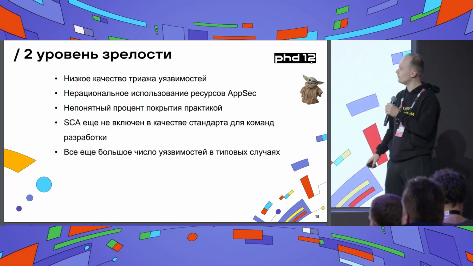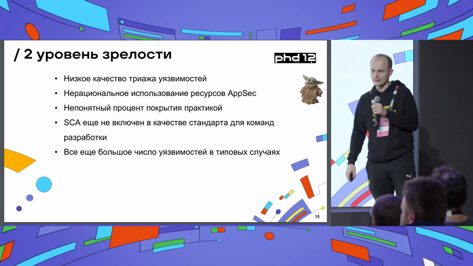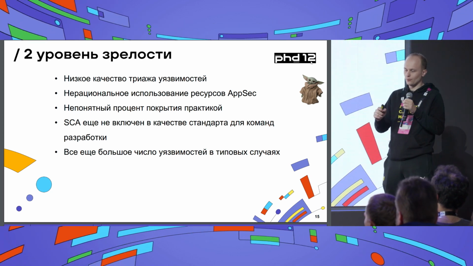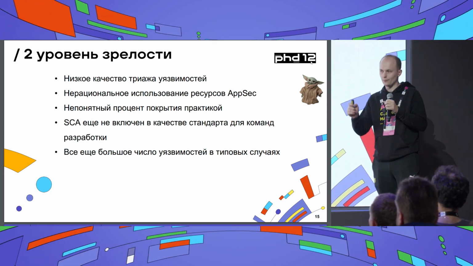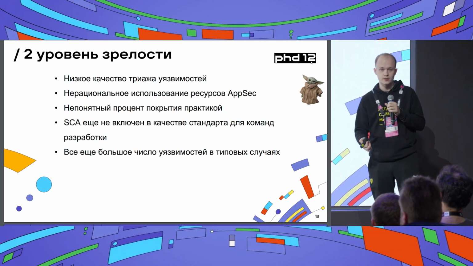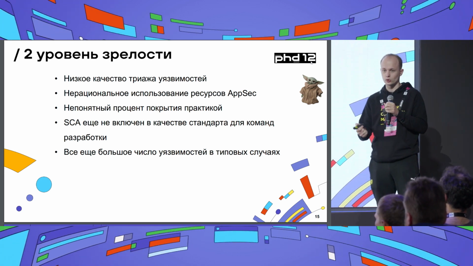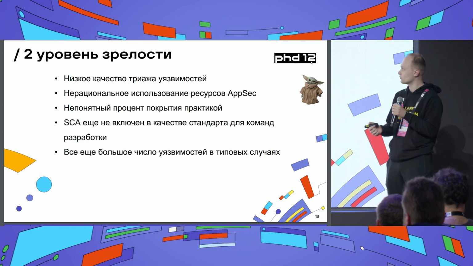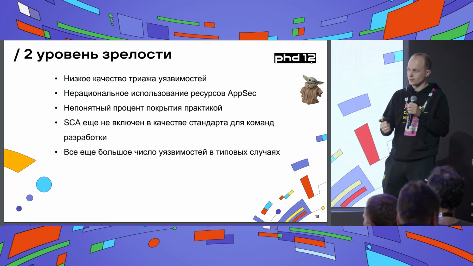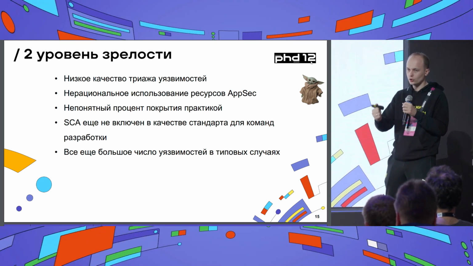So the percentage of how many teams use the tool, it's all right. SCA is not a standard for development yet. Very often the developers inside the company have certain standards. For example, use CI/CD, auto tests, secret management in a centralized way, or maybe the usage of a Kuber cluster.